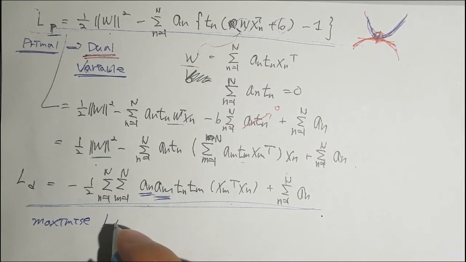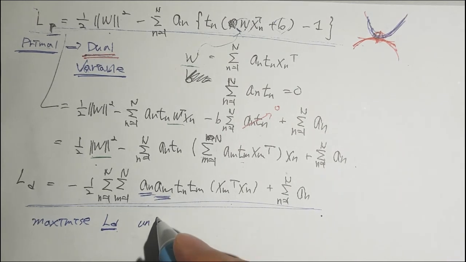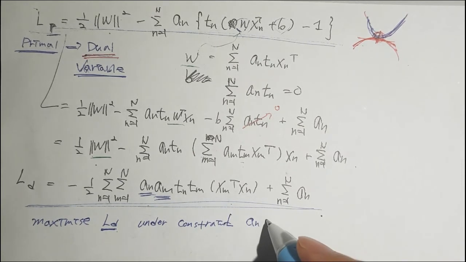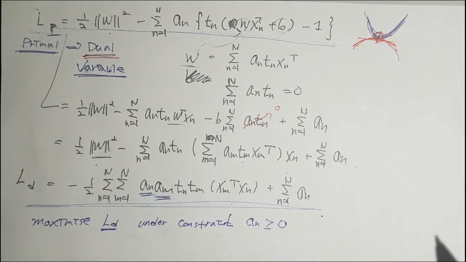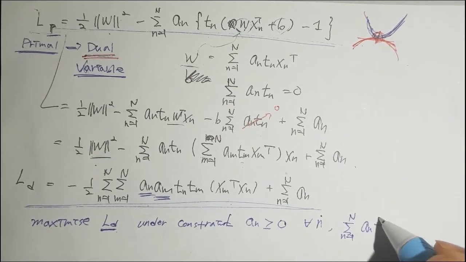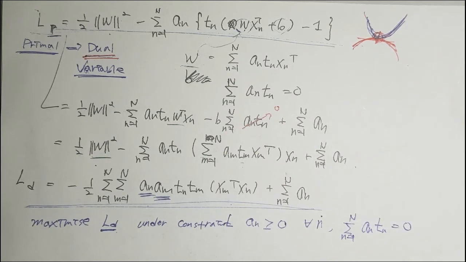So maximize the Lagrange equation with respect to the multipliers under constraints. Multipliers are equal or larger than 0 for all n, and still we have this constraint from here.